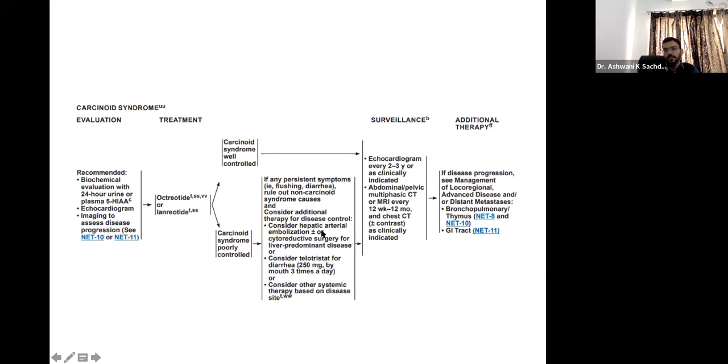So the main thing is, if the symptoms are not controlled, try reducing the burden of disease, and follow-up surveillance is to be done further.